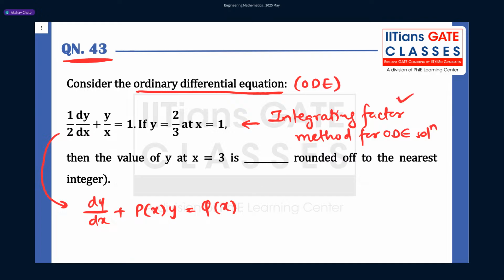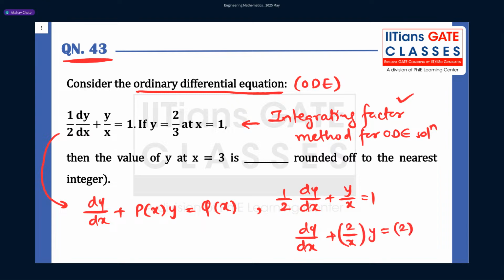If you do slight modifications to the structure of your given ODE, you can write this. So basically multiply by 2 on both sides. You will get 2 by x into y equal to 2. If you compare coefficients of these two equations, p of x is nothing but 2 by x and q of x is nothing but 2, right? If you had identified this, it would have been easier to solve.